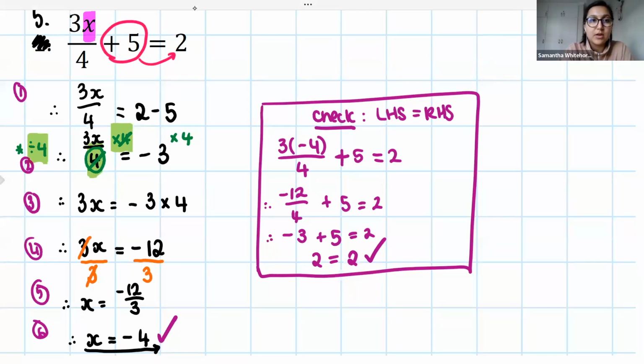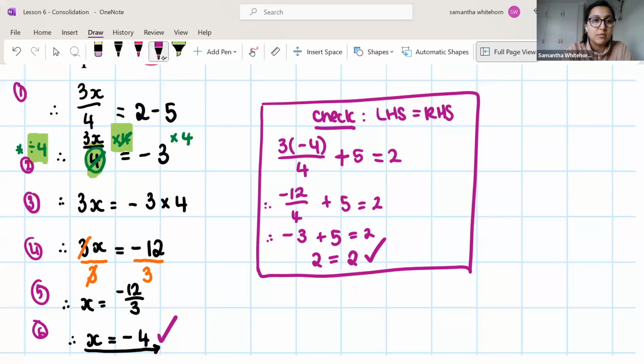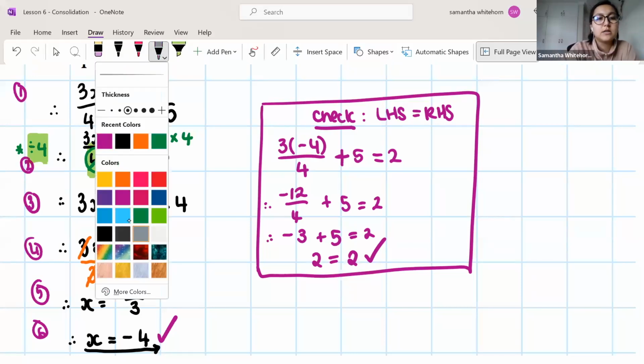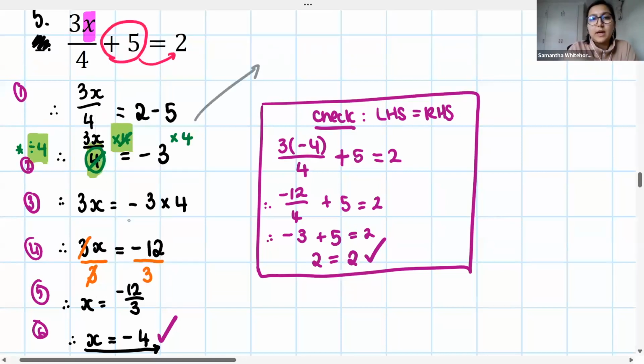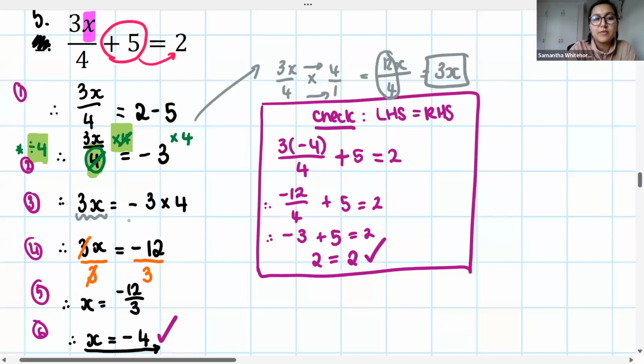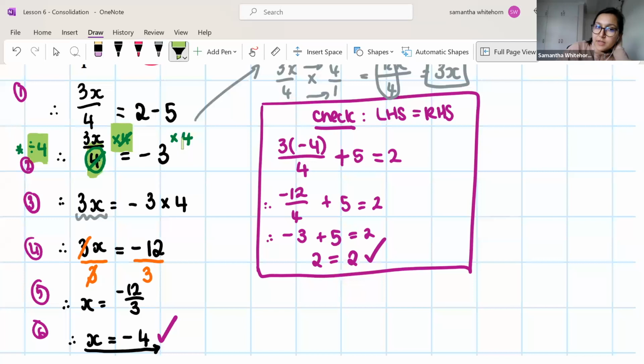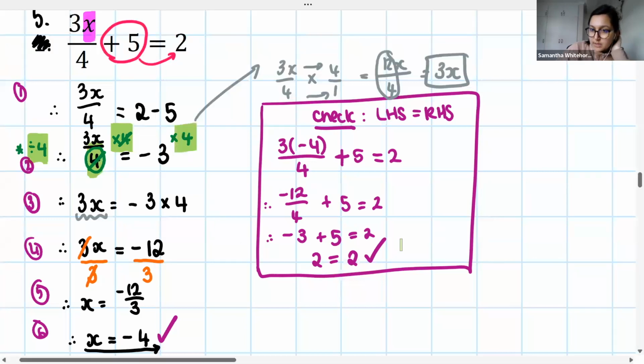If we have a look at that on the side, mathematically, we would have 3x over 4 times 4, which we know could be written as 4 over 1. 3x times 4 is 12x. 4 times 1 is 4. And if we simplify 12 divided by 4, we end up with just 3x, no fraction. So that's why I've got a 3x there. And then just remember, whatever you do to the left-hand side, you have to do to the right-hand side.